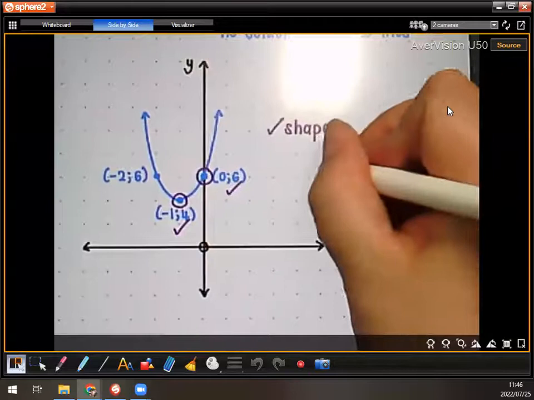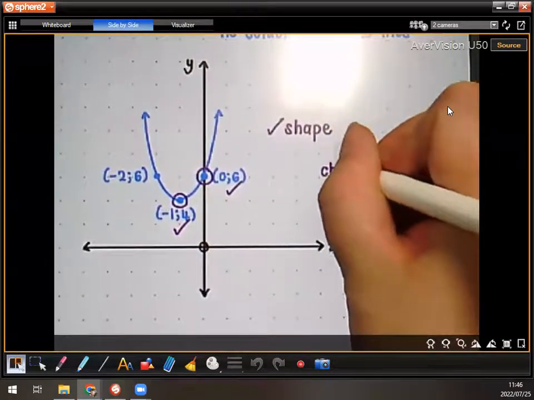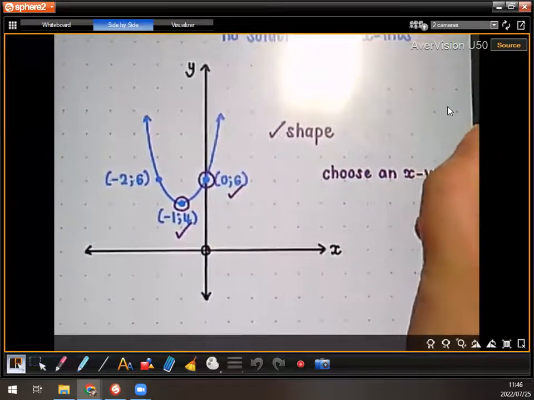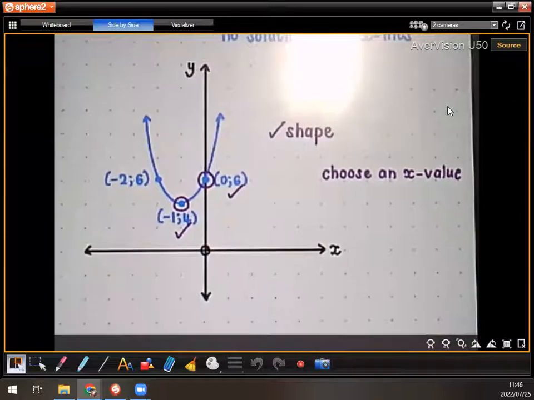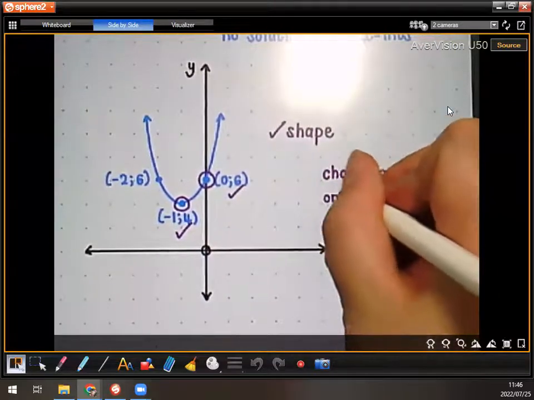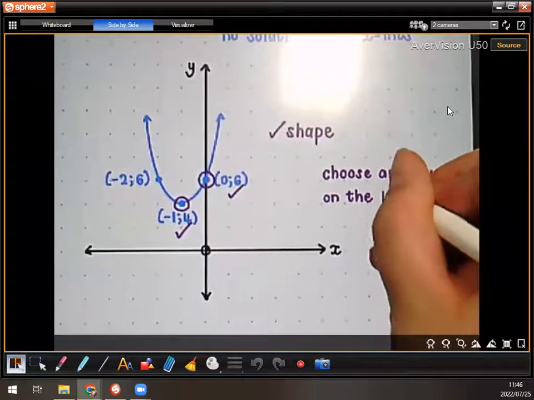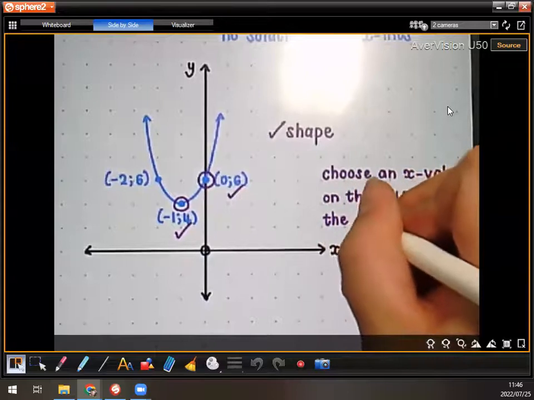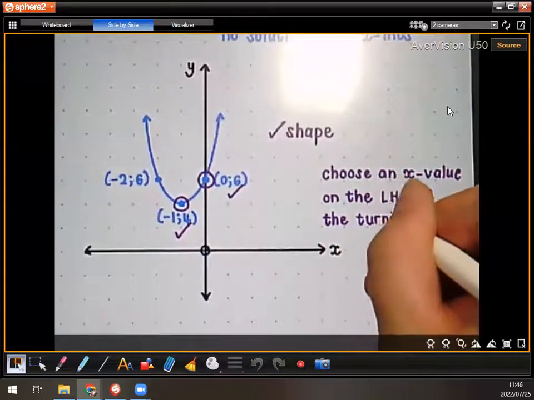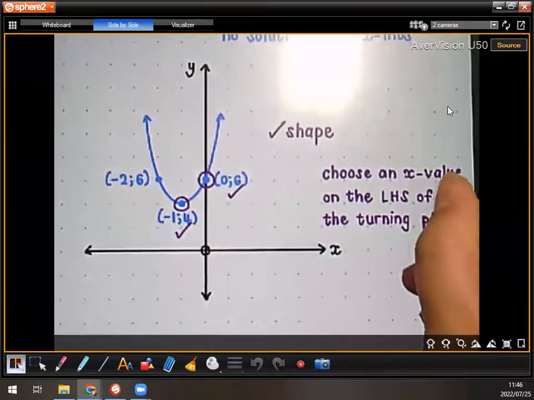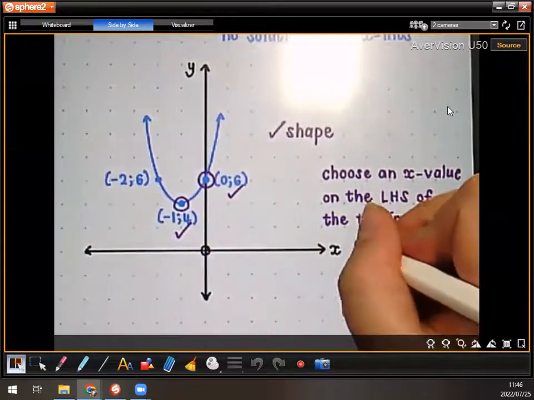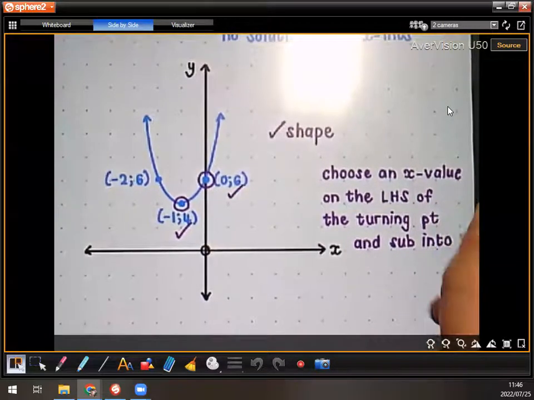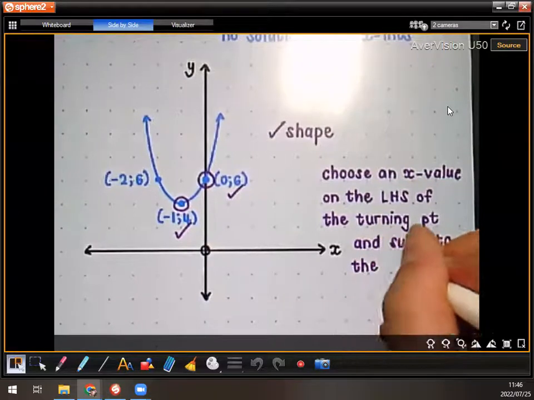Okay, so I'm just going to write here. Choose an x value on the left-hand side of the turning point, and sub into the equation.